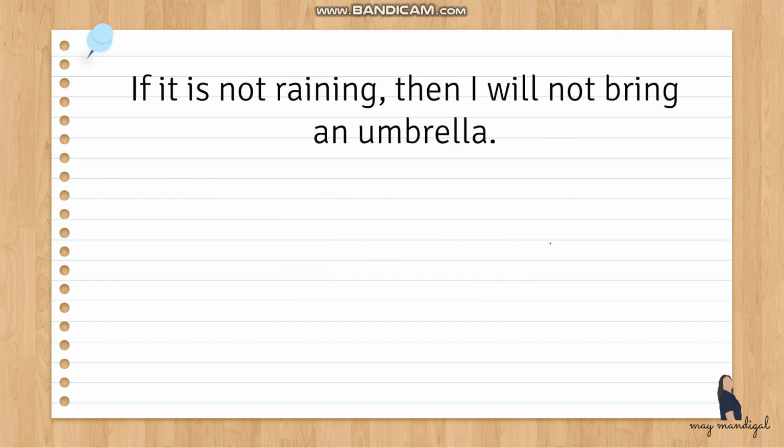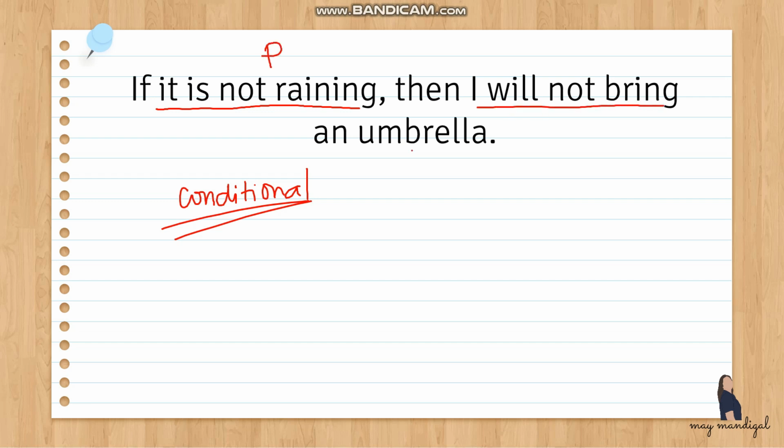If it is not raining, then I will not bring an umbrella. So in this case, you see we have if and then as the connectives. So that means this is an implication or a conditional statement. Now let's assign letters for each of our simple propositions. So we have here it is not raining. So let's write P, and then I will not bring an umbrella.